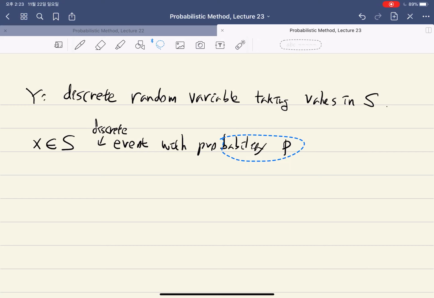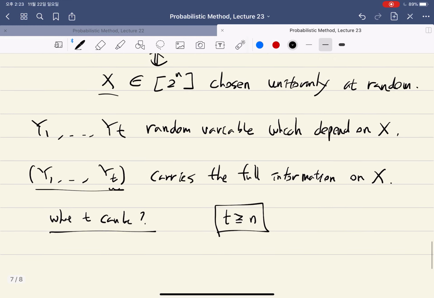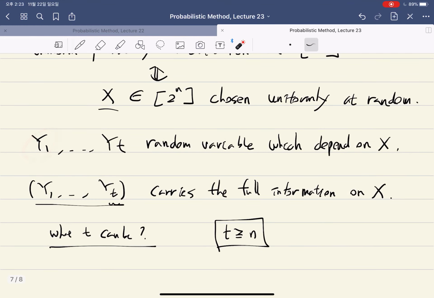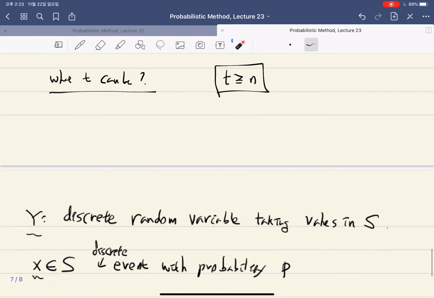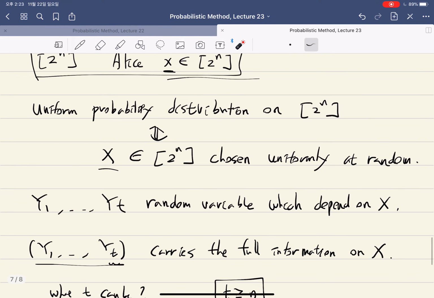So if in Y we know that its value is X, you can imagine that each of these is like asking the ith digit in the binary expansion of X. So it's either 0 or 1, and once this is 0 or 1, in the total probability space, how much does it shrink?